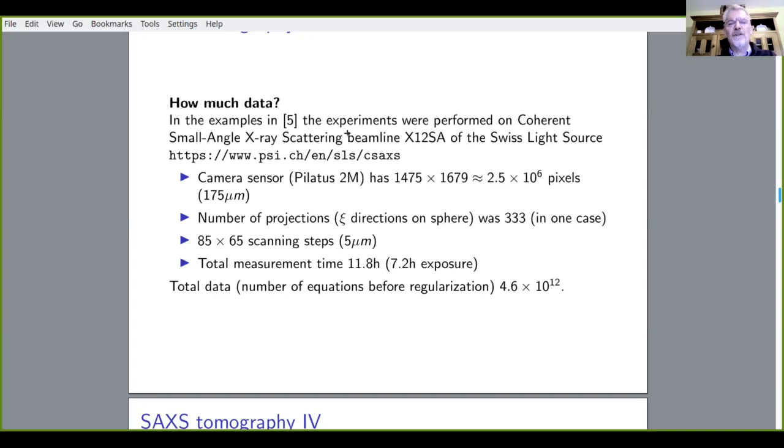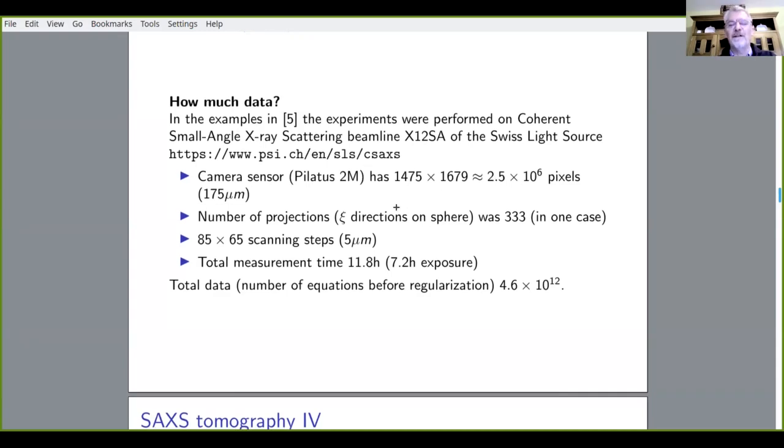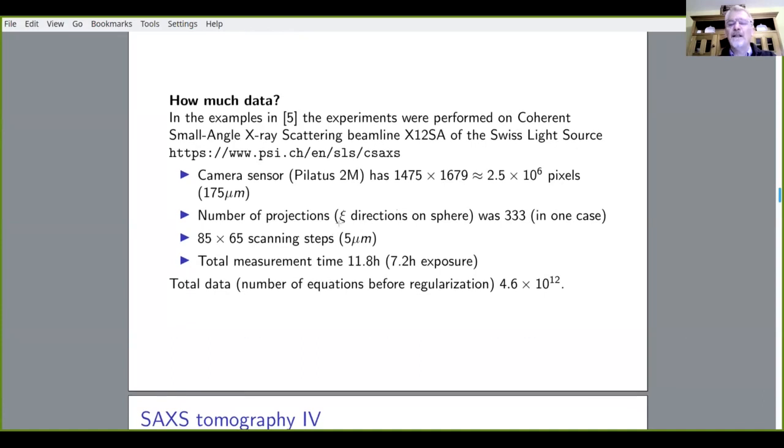In an example cited here, the sensor was a 2 megapixel sensor, right? You don't need all of that. You can reduce it down, but that's what comes into your hard disk. Typically, the number of projections would be 200 or 300 samples around a sphere. And that's an interesting question, how many you need.